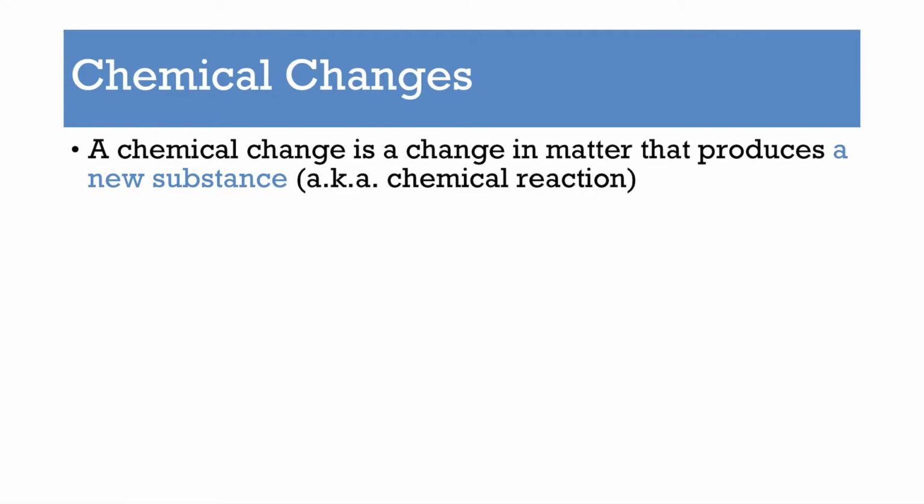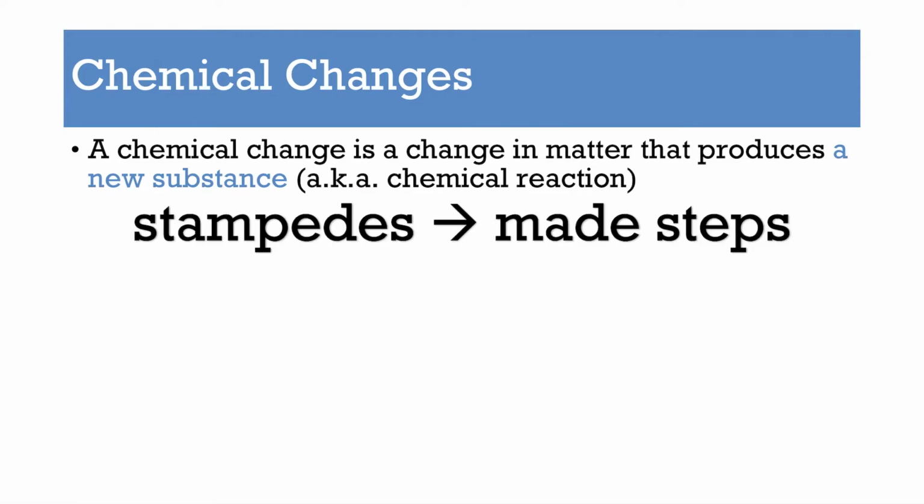Now, oppositely speaking are chemical changes, and when a chemical change occurs, a chemical reaction occurs, and a new substance is formed. So we take our stampede example. We have the letters that make up the word stampede. We take all those letters, pull them apart, build something new. Now we have the same letters, same number of each letter, but now they're recombined to form something completely different, into new words.